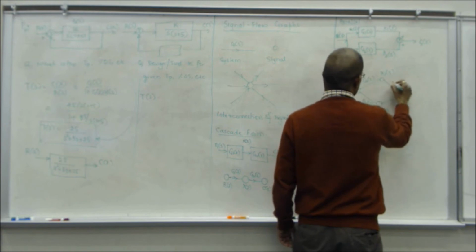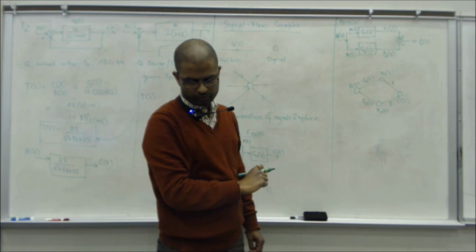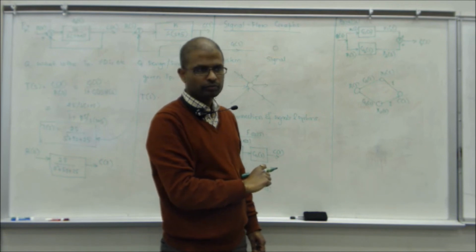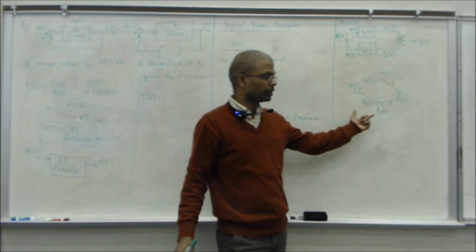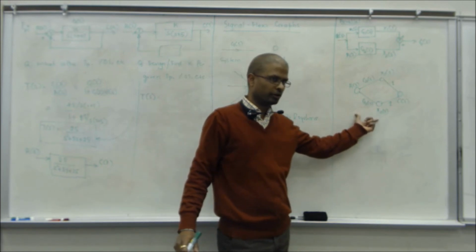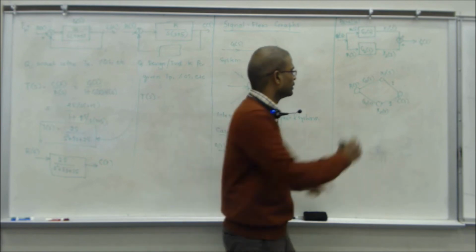So this is here 1 and 1. You see it? This is when it starts getting complicated a little bit. R of S, right?